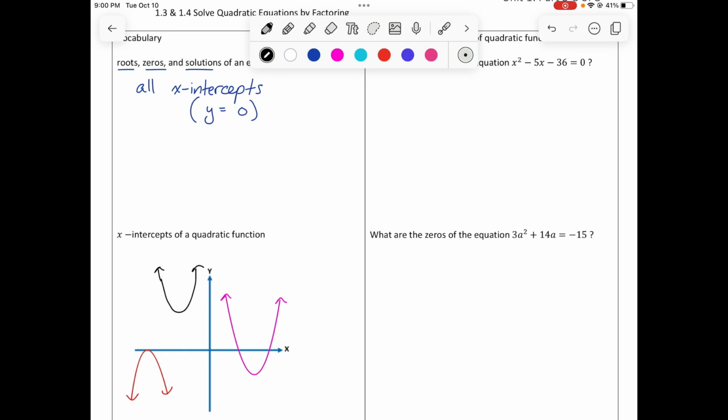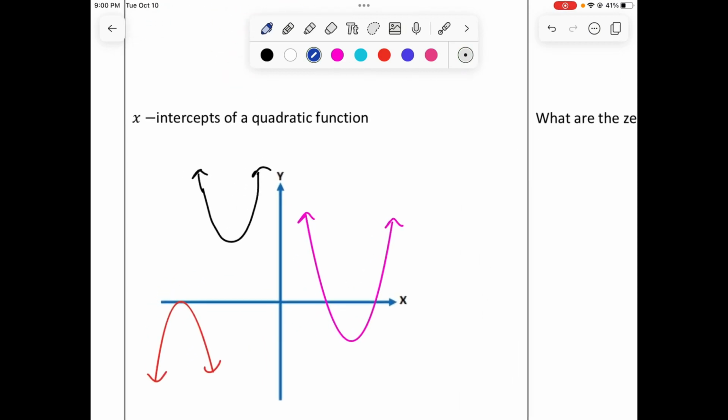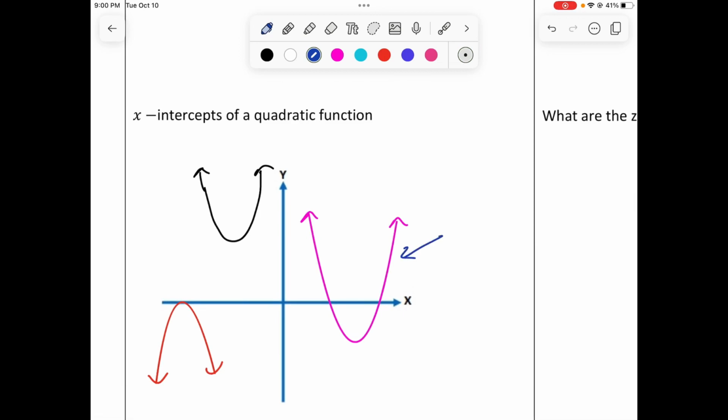All right, if we're looking at these three different graphs, you should be able to identify the number of x-intercepts. The pink graph has how many x-intercepts? 2, because it's crossing the x-axis twice. Here is one x-intercept, and here is the other.